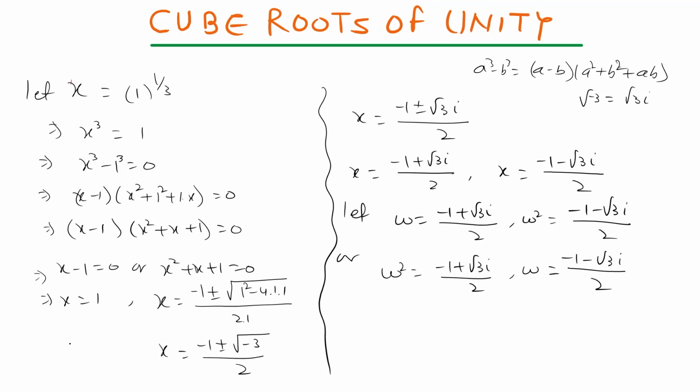And here we have the three values of x. First value is x equal to 1, second value is minus 1 plus root 3 iota by 2 and third value is minus 1 minus root 3 iota by 2.